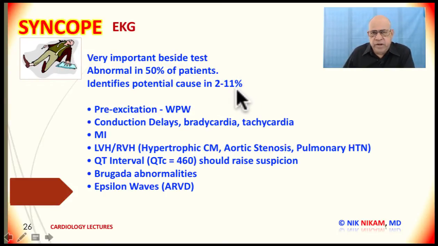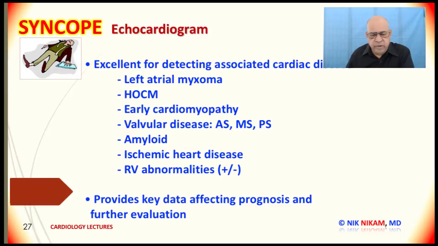The beauty is resting electrocardiogram can detect a lot of things like bradyarrhythmias, pre-excitation, ventricular hypertrophy, and of course you need electrocardiogram to look for a prolonged QT interval, Brugada syndrome, and other types of conditions that can cause syncope. So we start off with a basic electrocardiogram, and then we go on to the next one.